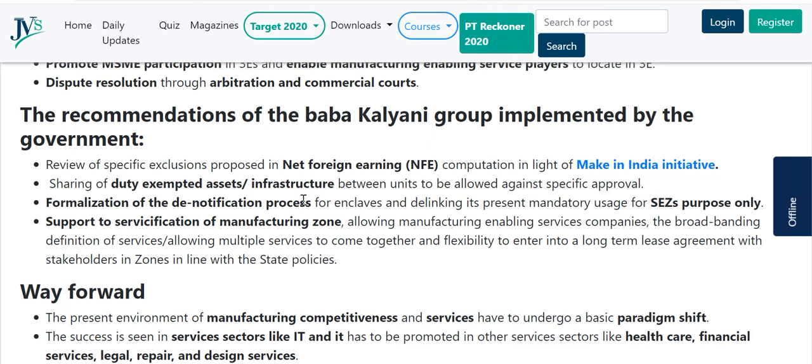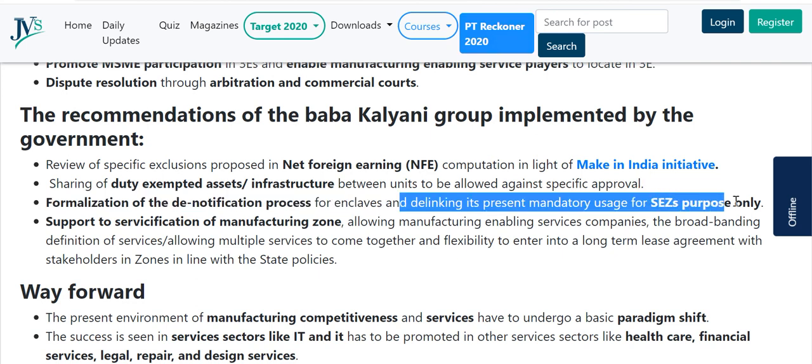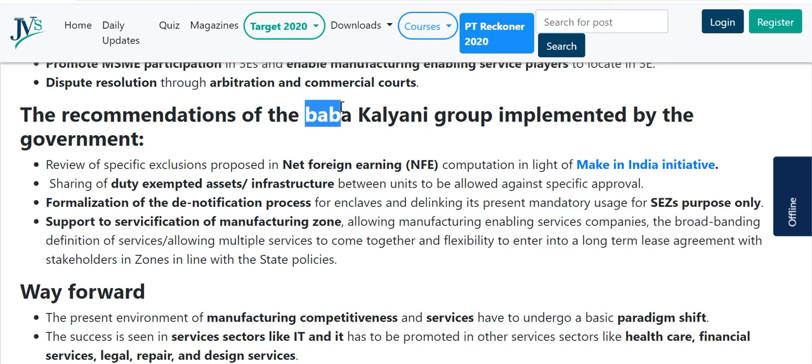Then formalization of the denotification process. So the denotification process and the present usage of the enclaves that are there, which are used only for SEZ purposes, the delinking of it so that they can be used for multiple purposes, because one of the objectives of this group was to ensure that there is a collaboration, or a merger, between these different zones, like the coastal export zones, these NIMs and SEZ.